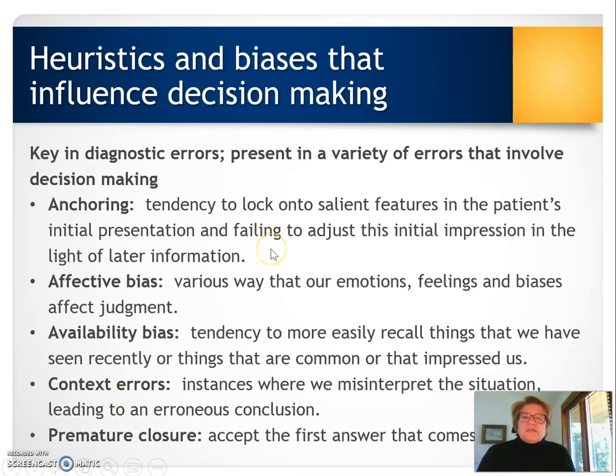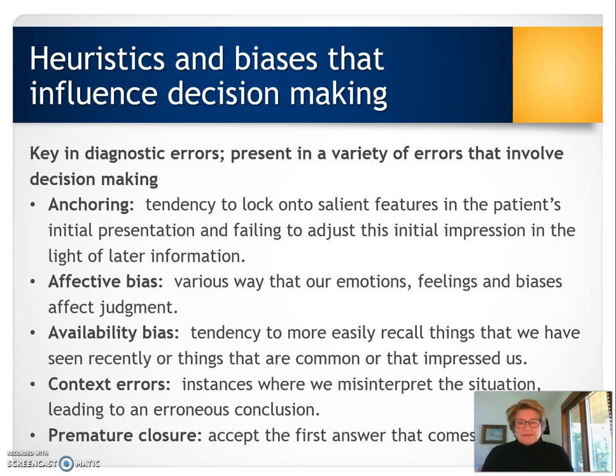Here are some different types of biases, and I won't go through each one. One that's interesting is availability bias, where if you've just read an article about a new diagnosis of a condition, and maybe a physician goes in, and the next patient he or she sees, they're like, oh my gosh, they have this thing I just read about.